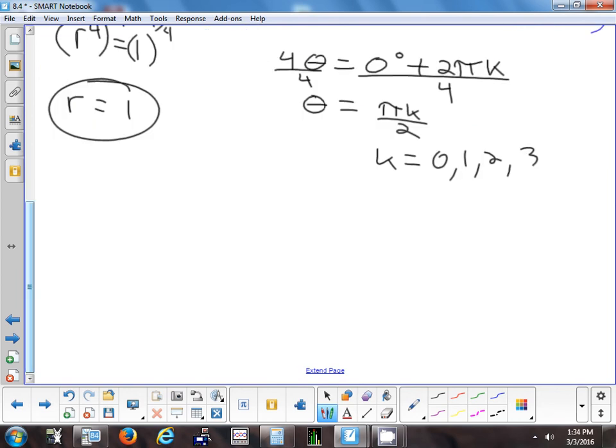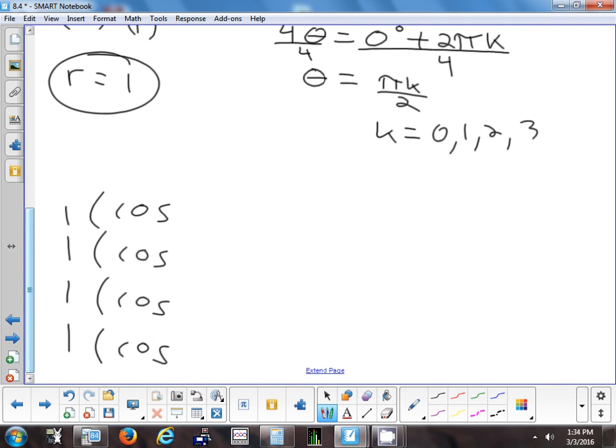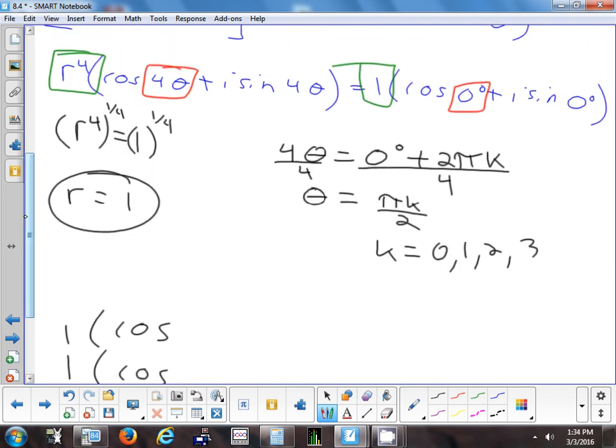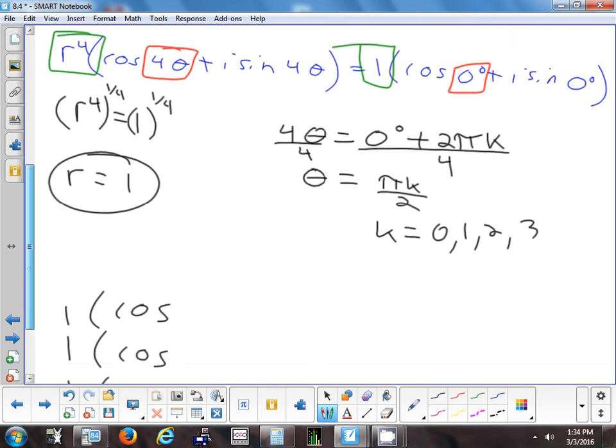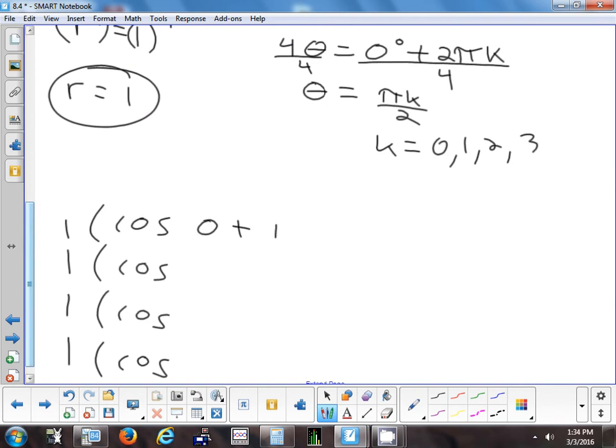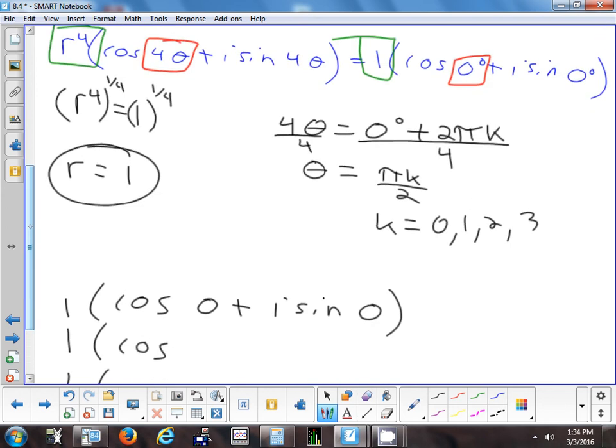All right, so let's set this up. 4 answers, the radius is 1 for all of them. Cosine, cosine, cosine, cosine. Let k equal 0. What's pi times 0 divided by 2? 0. That's my first one. All right, let k equal 1.